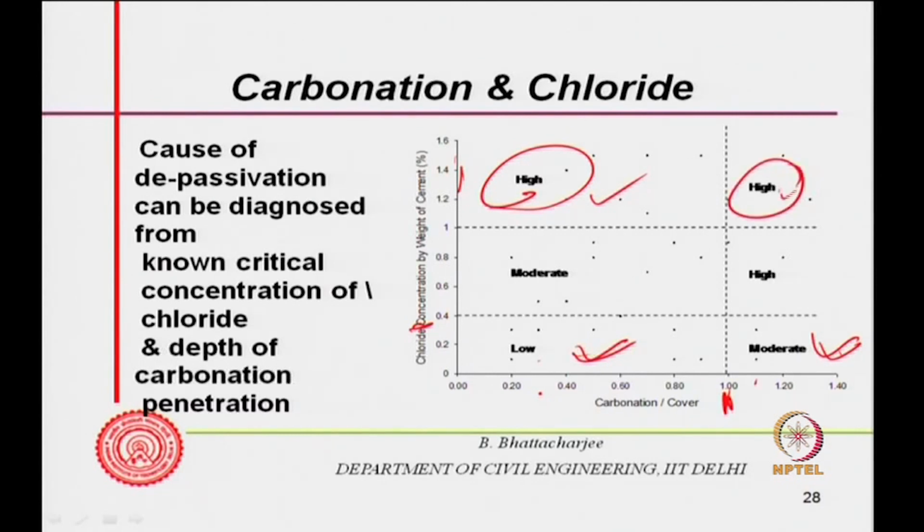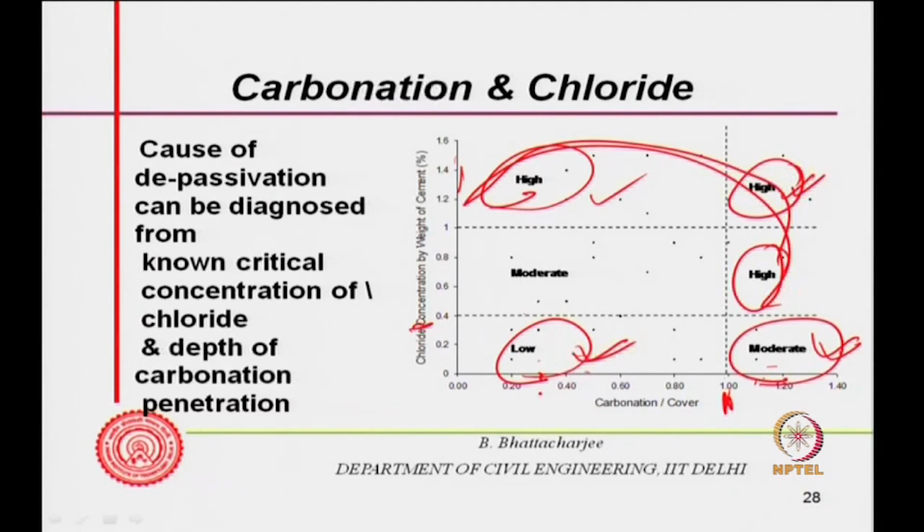Here both carbonation and chloride are high, risk of corrosion is high. If there is only carbonation, chloride is not there, and it has not reached the cover depth, risk of corrosion is low. Otherwise, if carbonation has crossed the cover depth but chloride is low, the risk is moderate. This zone is moderate, where carbonation is less, but chloride has reached its threshold.